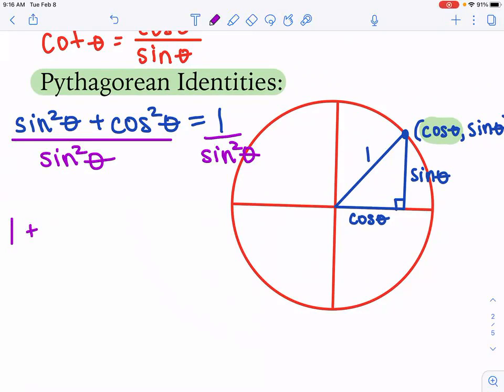What did we say cosine over sine was the same as? Cotangent. So cosine squared over sine squared is cotangent squared. And then what did we say 1 over sine was the same as? So 1 over sine squared is cosecant squared. What I wrote right here in purple, 1 plus cotangent squared equals cosecant squared, please write that down.